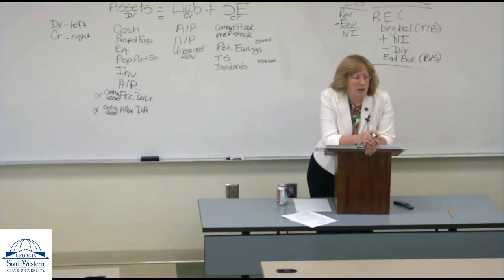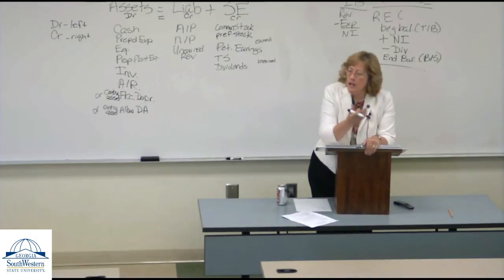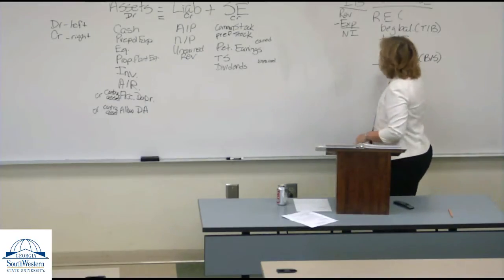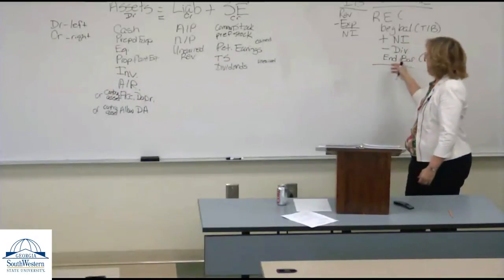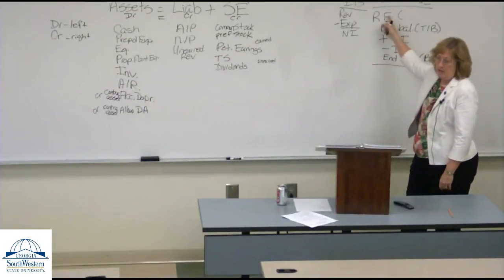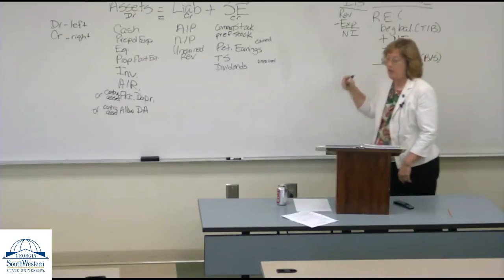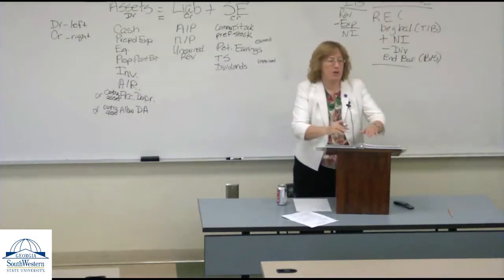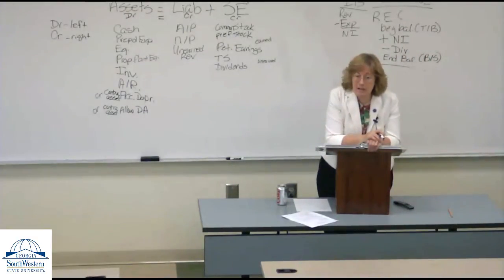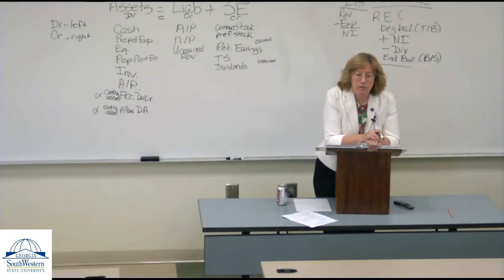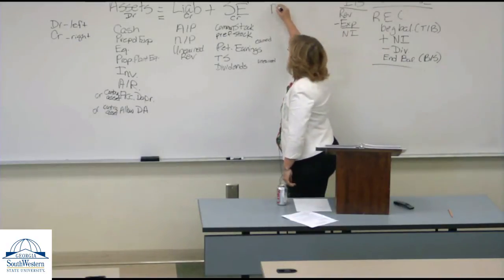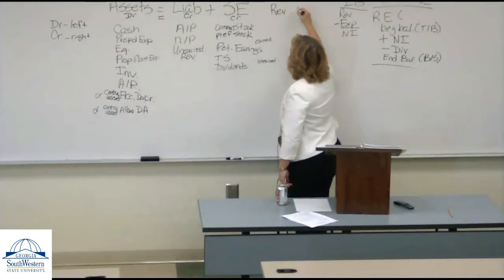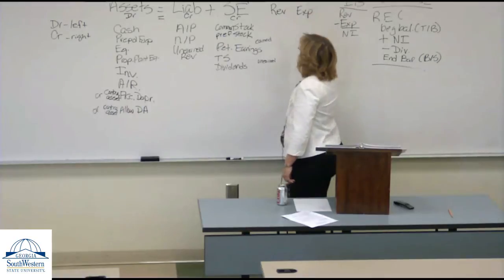You close all the income statement accounts, and this ending balance here, after you've closed all the income statement accounts, is going to be the beginning balance in retained earnings the next year, okay? So the income statement accounts start out with a zero balance at the beginning of every year.